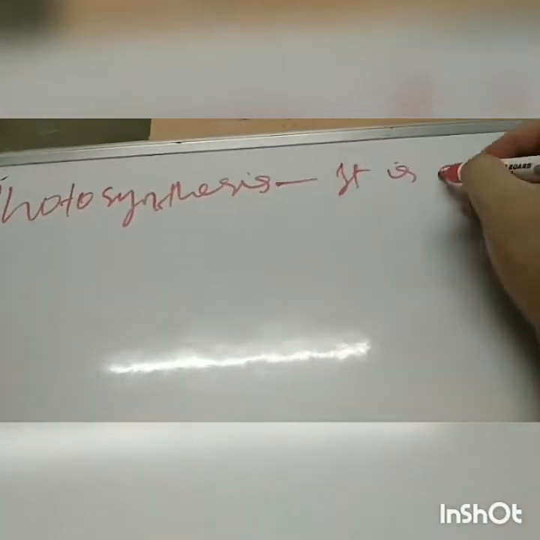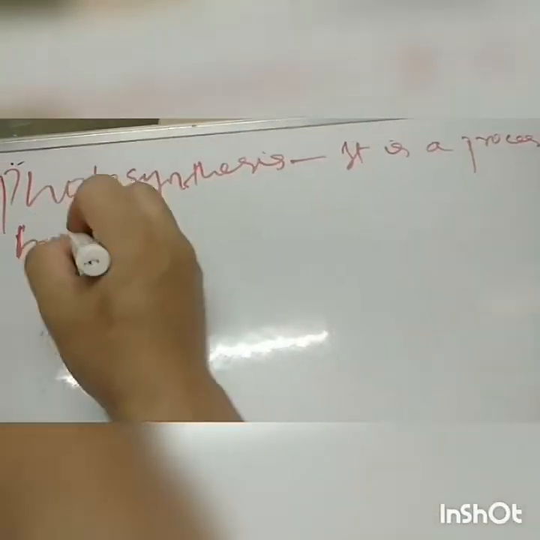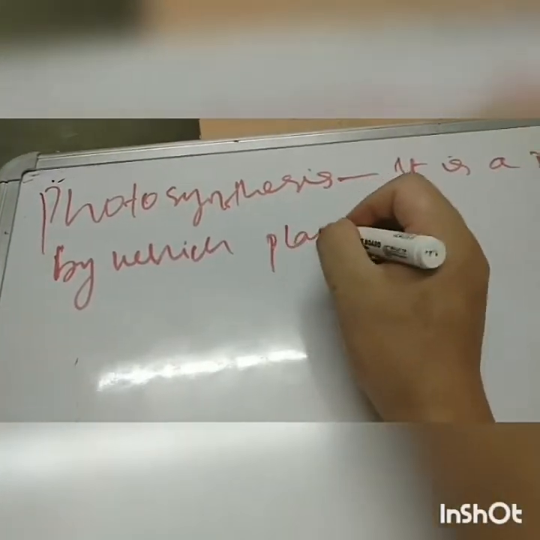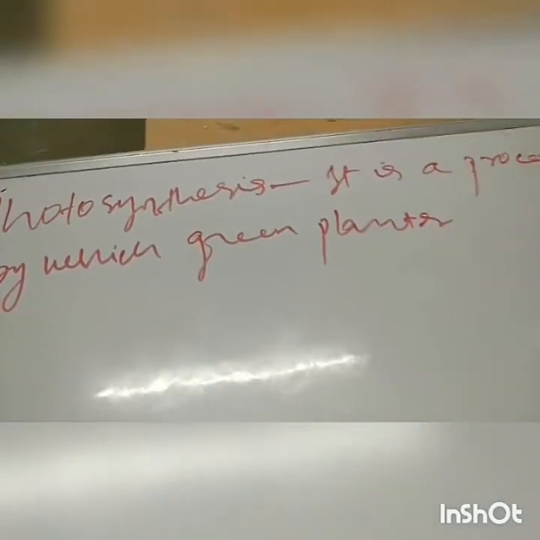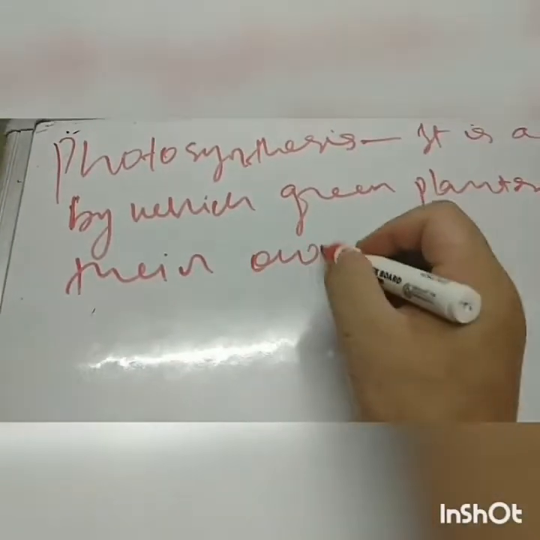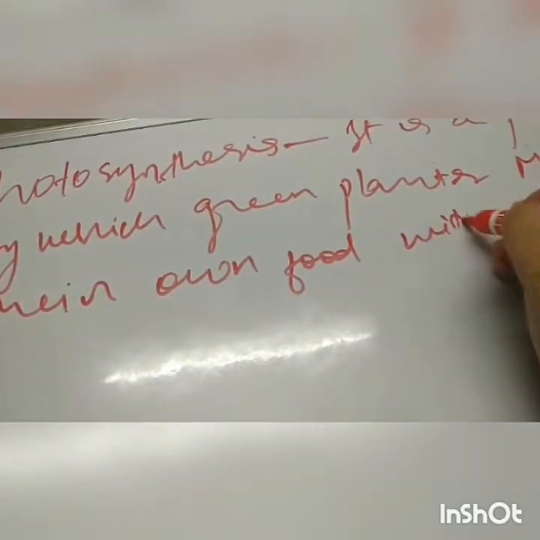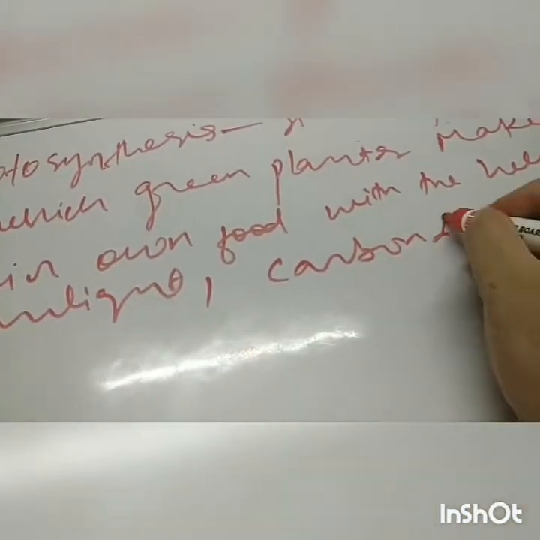It is a process by which green plants make their own food with the help of sunlight, carbon dioxide, and water.